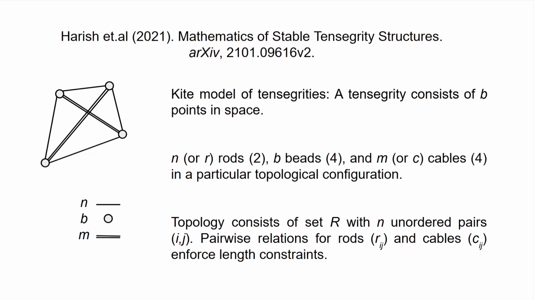So we can use a graph model, or we can use this just basic characterization of the different components here. And so then we have M, or sometimes in the literature they call it C, which are the cables. There are 4 cables. Those are the single lines, and those are basically the topological configuration. So we're going in the direction of topology.